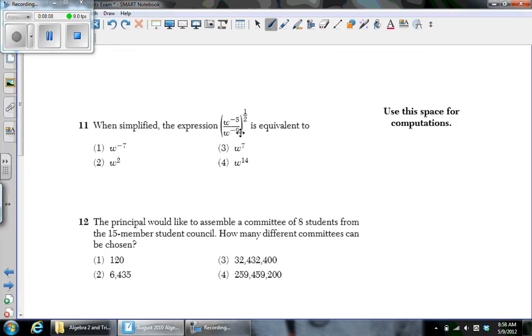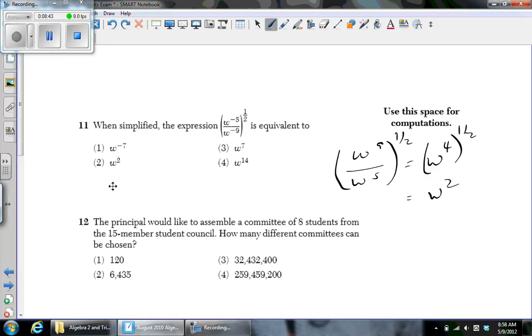When simplified, alright, so here, negative exponent means they're going to be 1 over, so that's really w to the 9th over w to the 5th. Whenever we have a division, that means we're subtracting. So that's really w to the 4th. And we raise to the power, we're multiplying, so that gives us w squared. Choice 2.